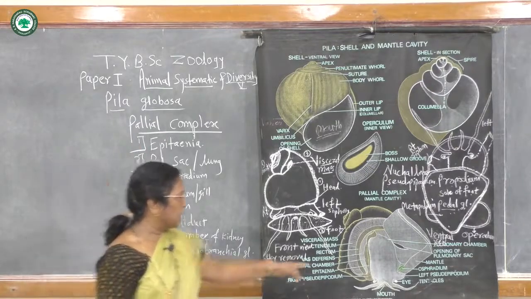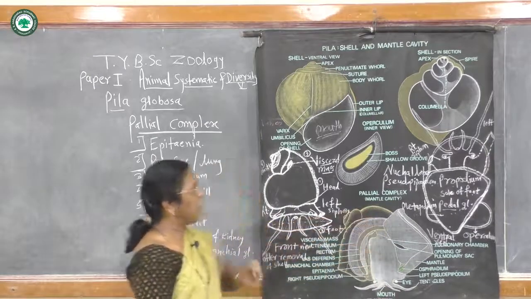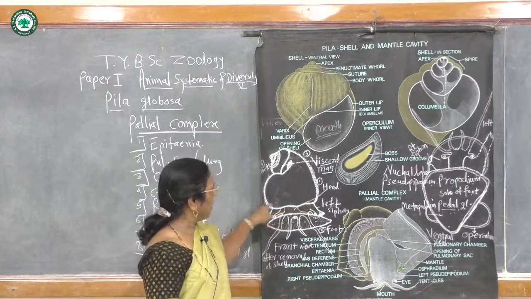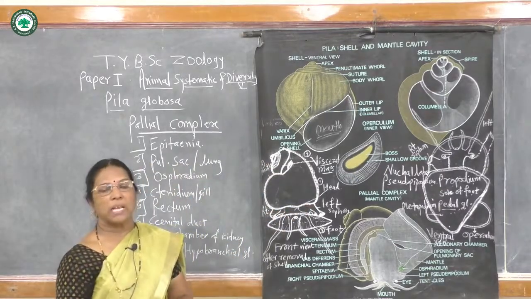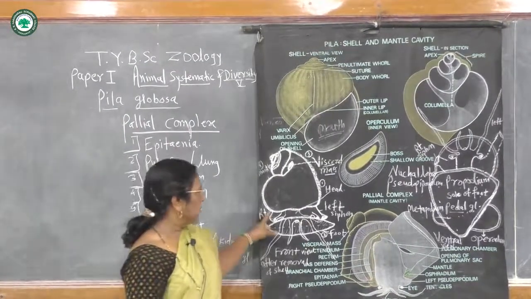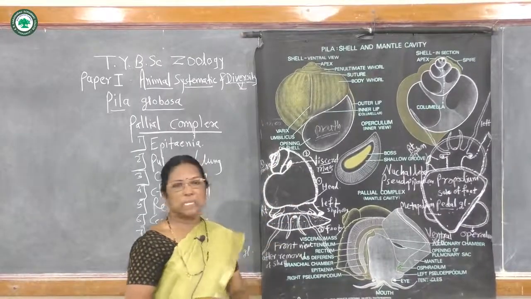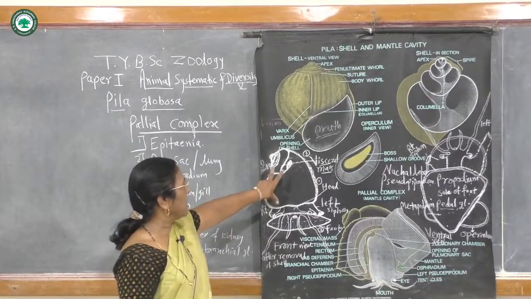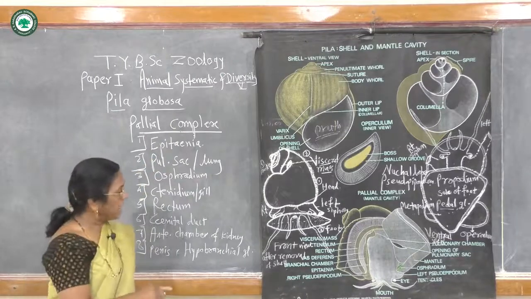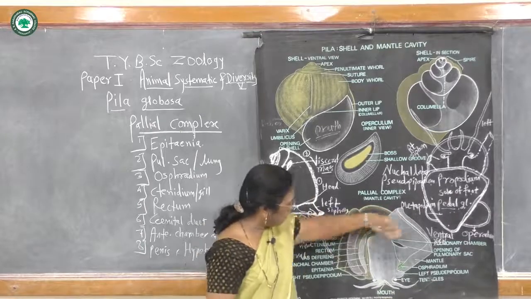All the body organs within the visceral mass or within the mantle cavity are called organs of the pallial complex. Means the mantle cavity encloses all the body organs anteriorly, and this is called the pallial complex. Anteriorly, here you can see this flap covers this much side.